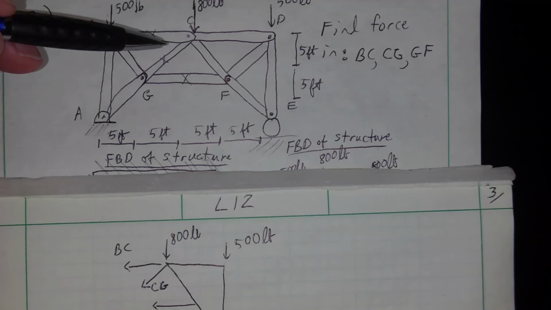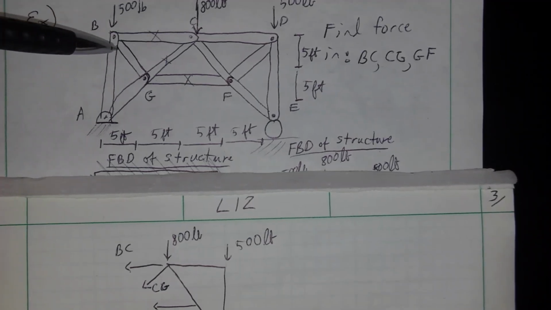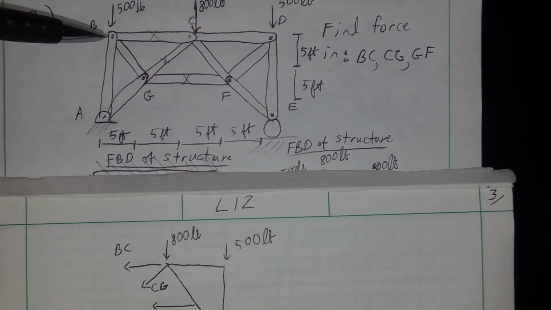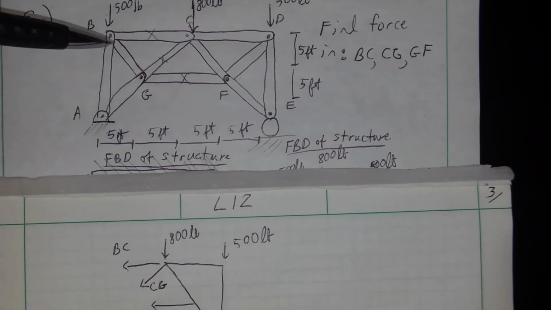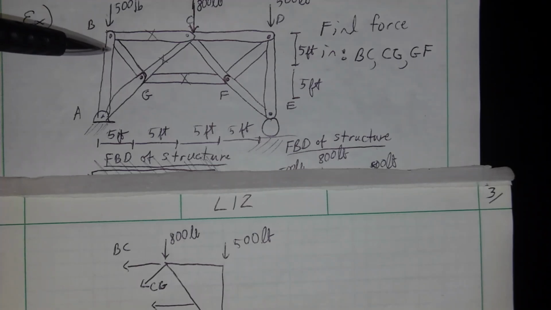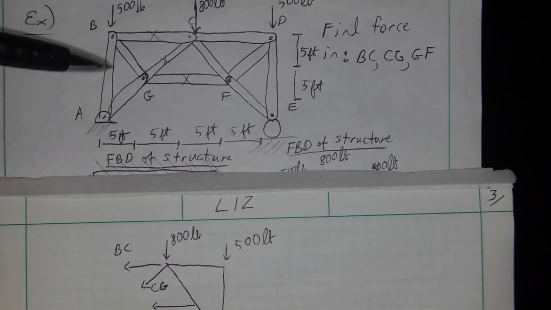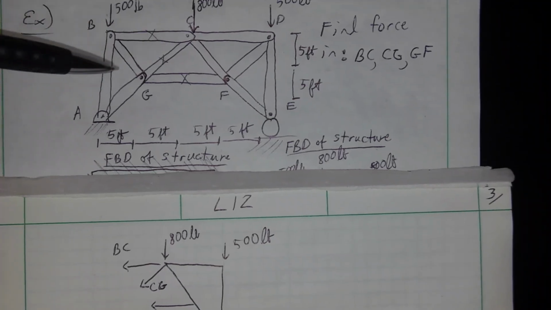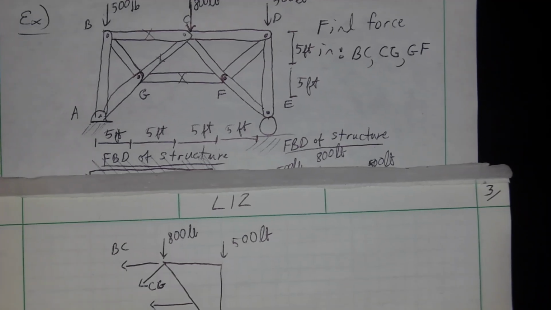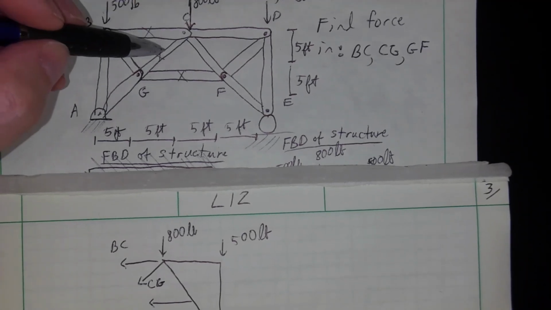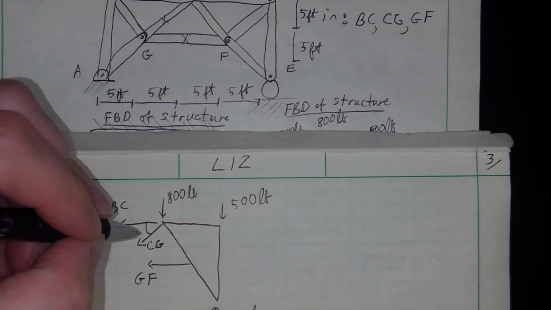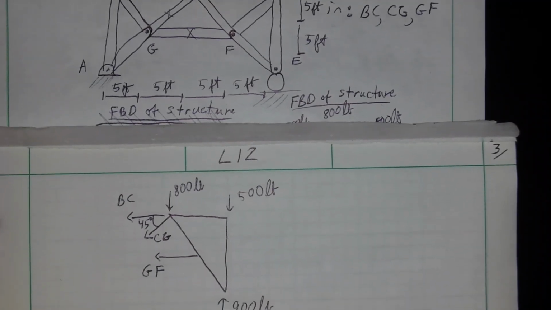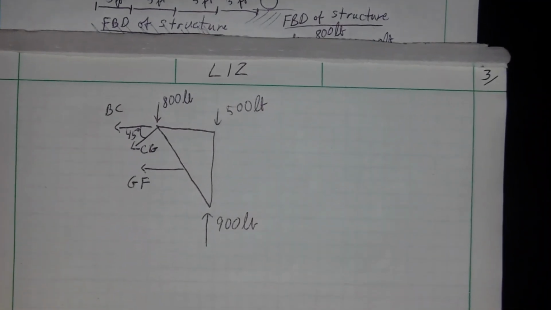This length here is 10 foot. From B to C is 10 foot, and from A to B is 10 foot. Right? And this is a right angle right here, from AB to BC. Meaning these angles in here are 45s. There's a variety of ways you can come to that conclusion, but this angle right here ends up being 45 degrees. You do need to be able to kind of figure the trig out to get to that point.